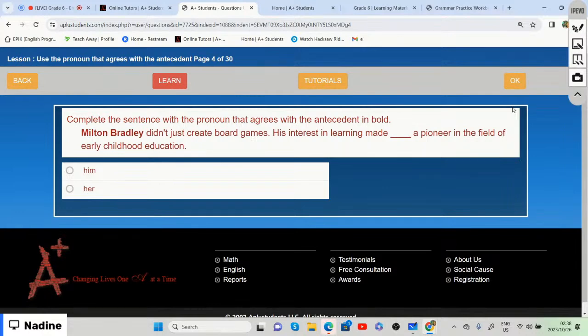Is it him or her? And if we select the correct pronoun, then we can say his interest in learning made him a pioneer in the field of early childhood education. So him is the pronoun that agrees with the antecedent, which is Milton Bradley.